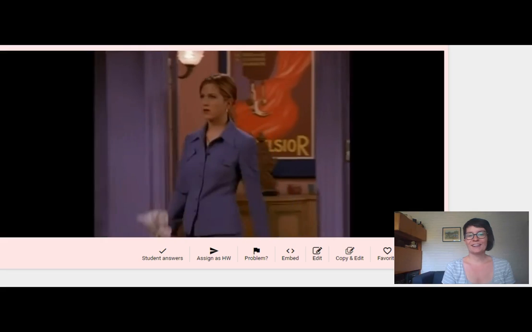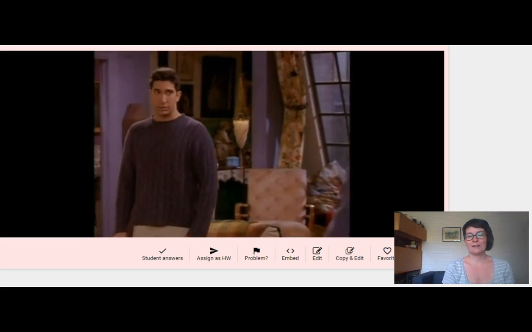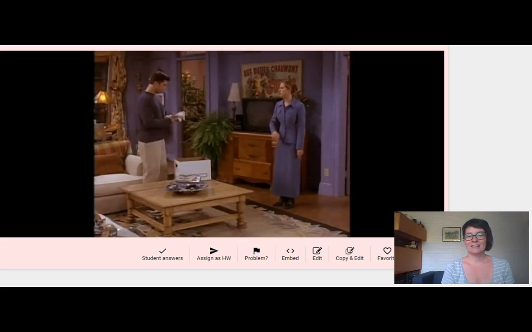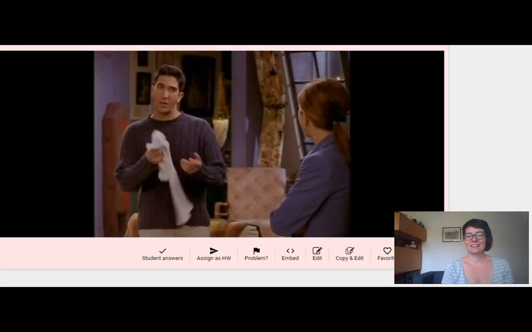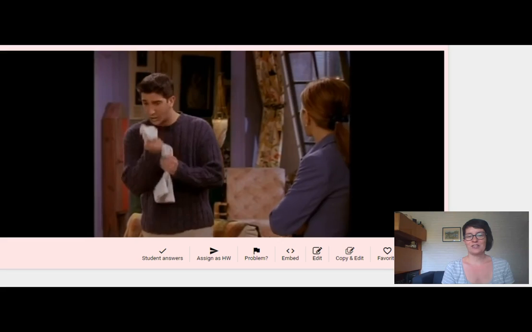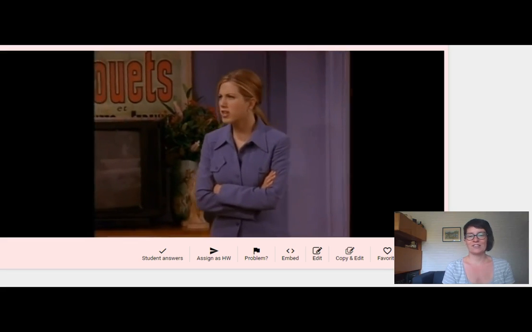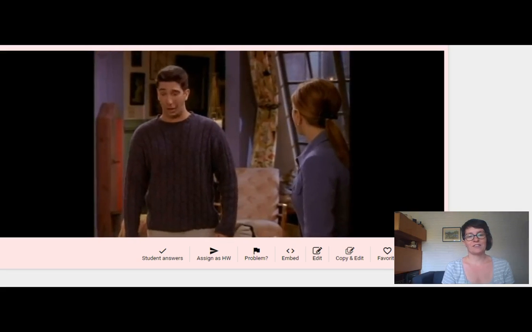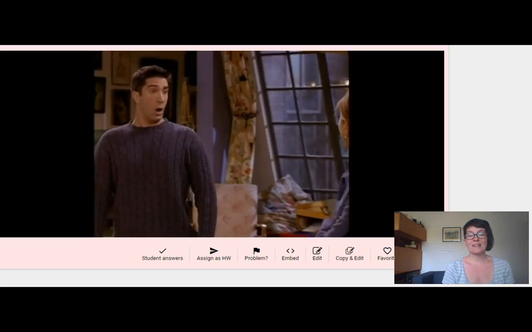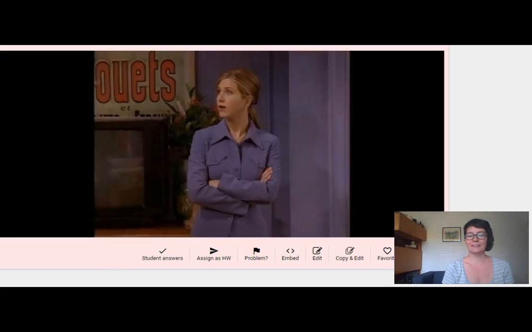Maybe a bit of mocking, so probably an argument. Ooh. An important object. Okay, a t-shirt. Whose size is that t-shirt? Rachel is very angry about that t-shirt. But Ross has big feelings about a t-shirt as well. Ooh.